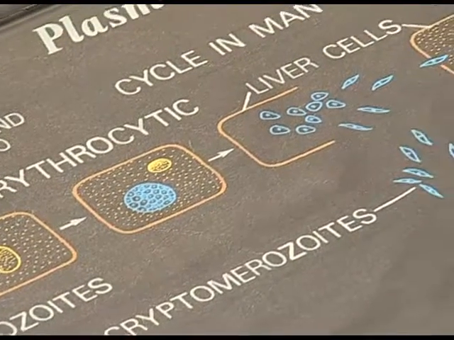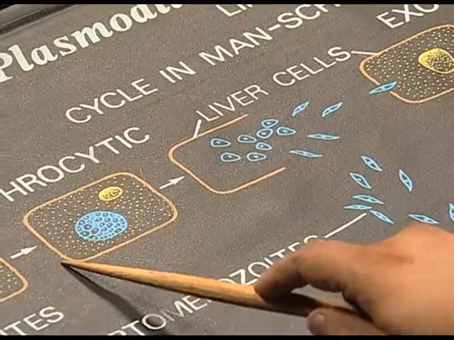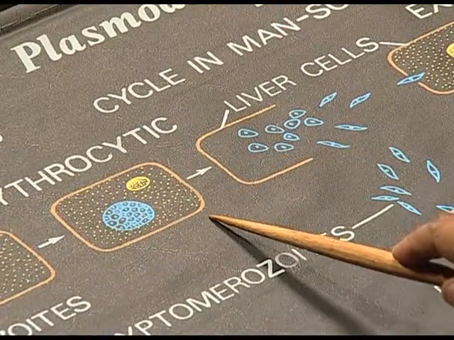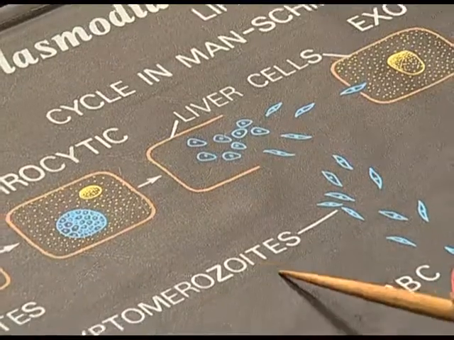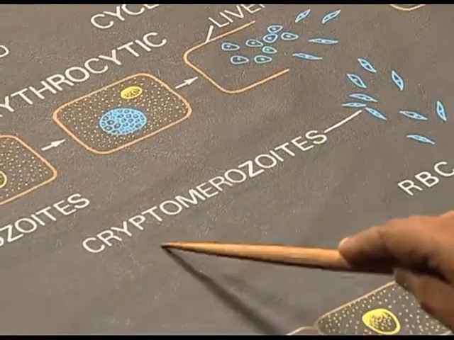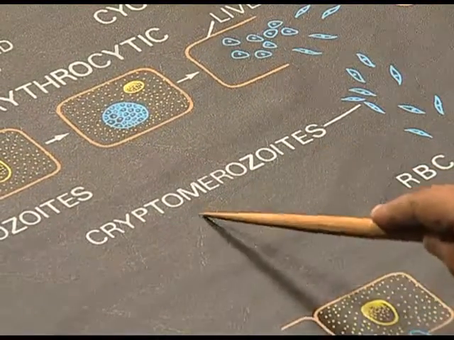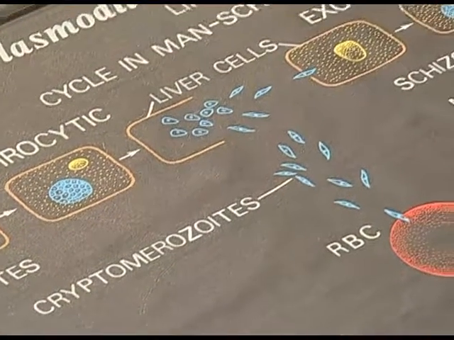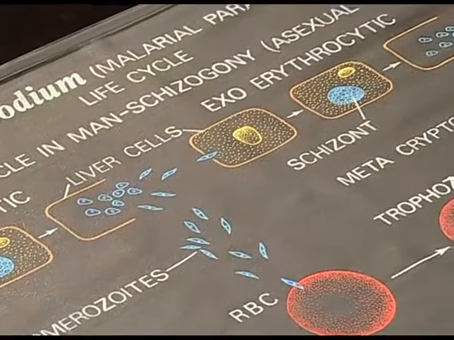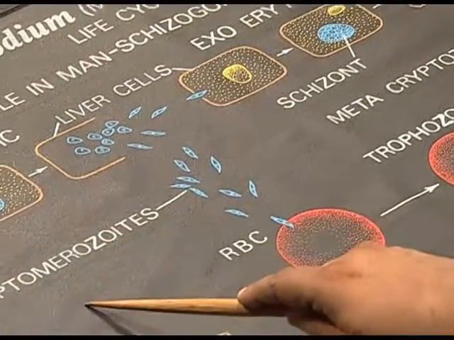Through schizogony, two types of cryptozoites form. One is microcryptomerozoites, and another is metacryptozoites. Meta means bigger in size, micro means smaller in size.